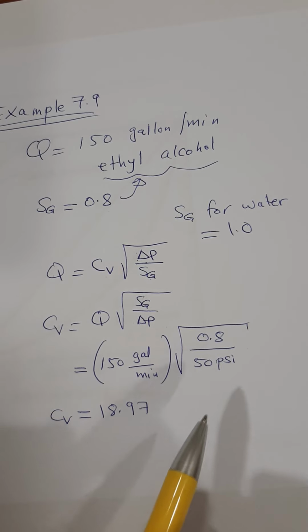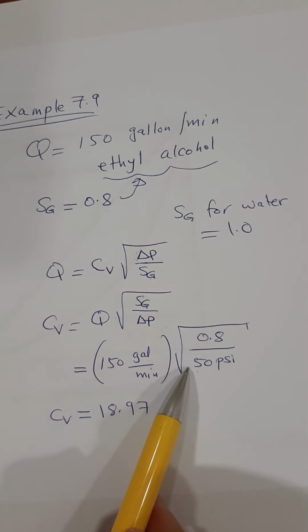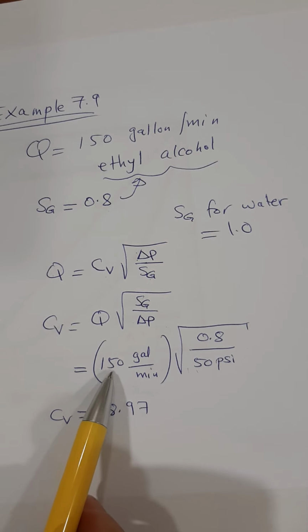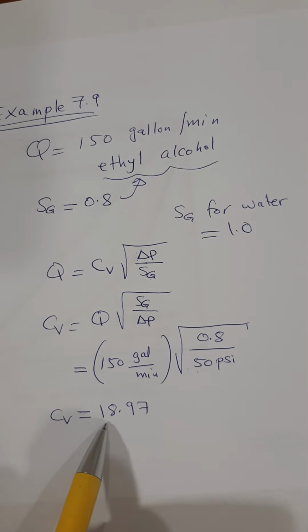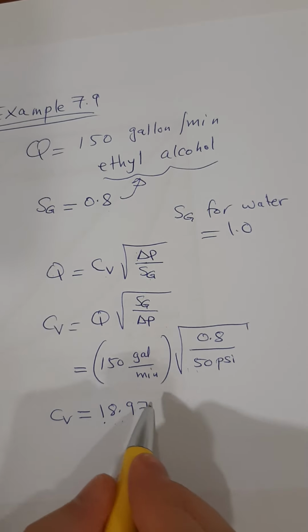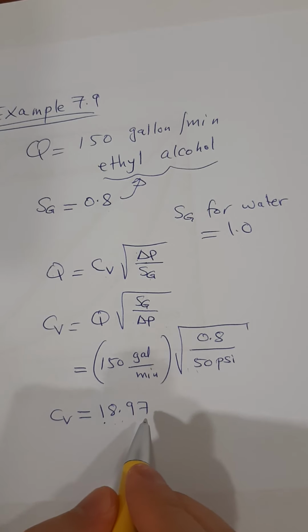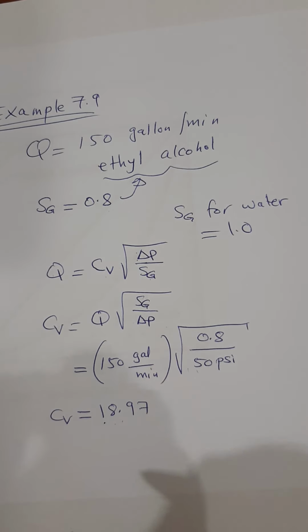But the pressure here is 50 psi and the flow is 150. So we only have CV in this case of 18.97 US gallons per minute.